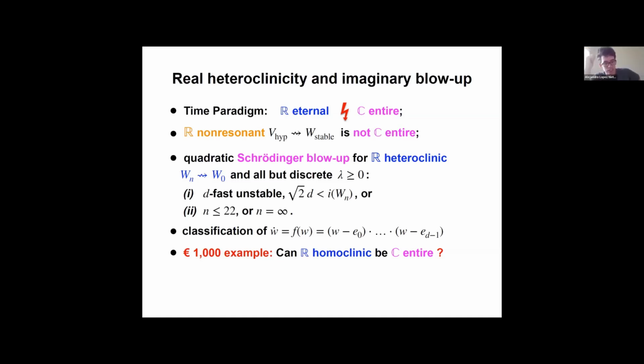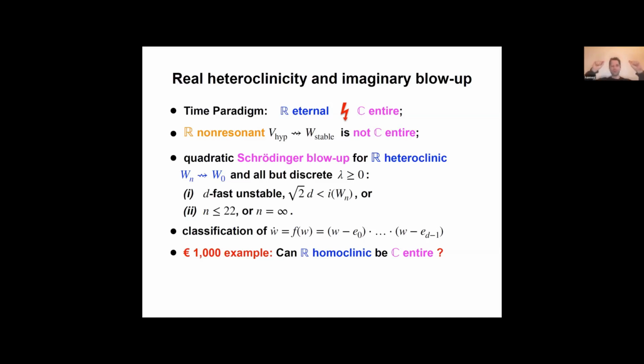Yes, Hannes? Yeah, so I have a question. I try to remember what I did, but for me, the possibility that the two orbits coincide after blow-up was related to the linearization of the fast stable eigenvalue with which the heteroclinic comes in.